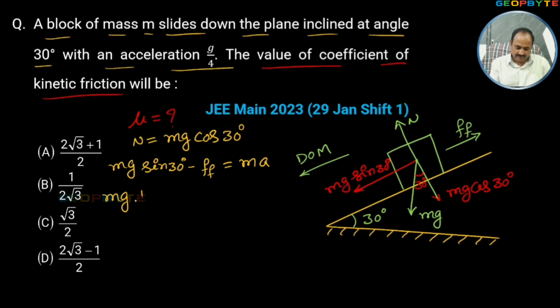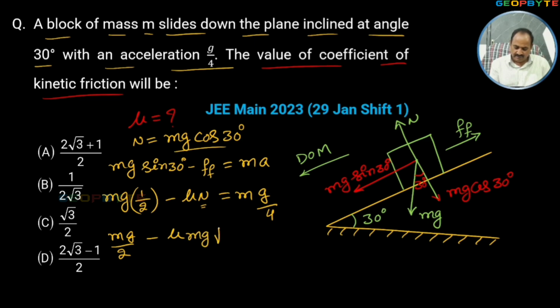mg sin 30, that is 1 by 2, minus frictional force mu N, equal to m times the acceleration, which is g by 4. Here it is mg by 2 minus mu N. N equal to mg cos 30. mg cos 30 value I am directly writing as root 3 by 2, is equal to mg by 4.